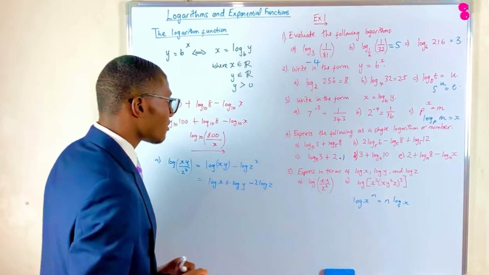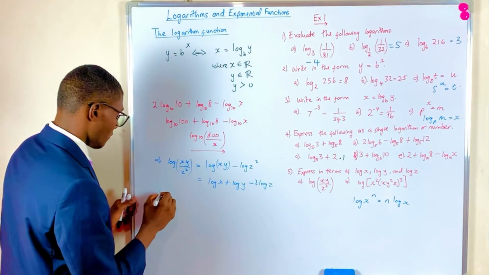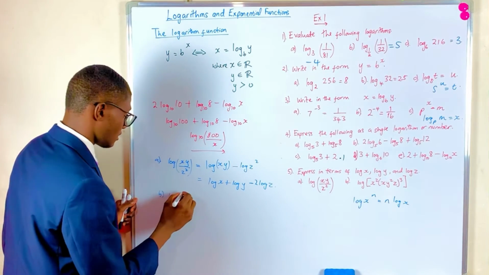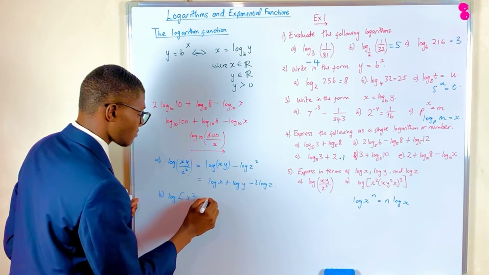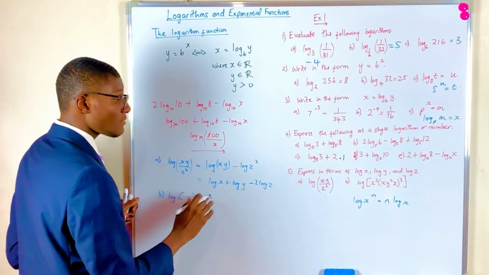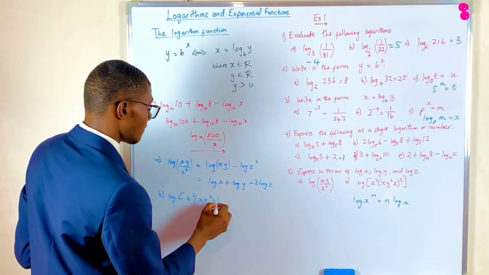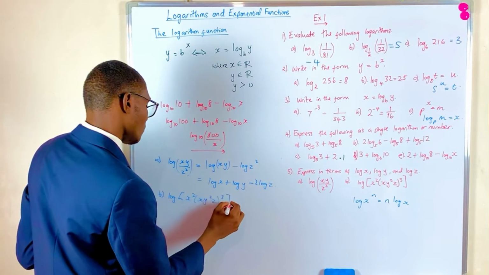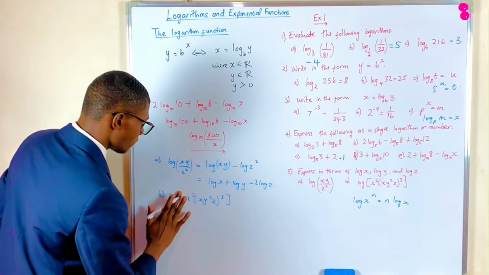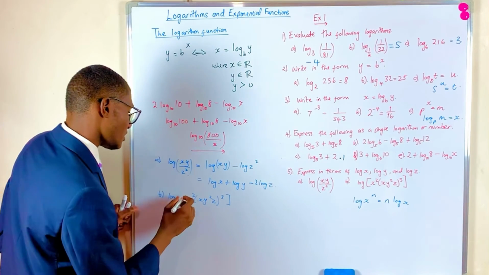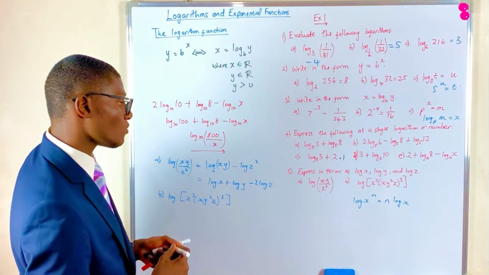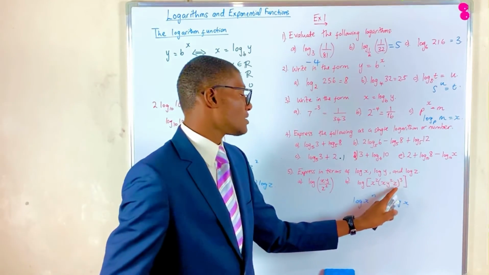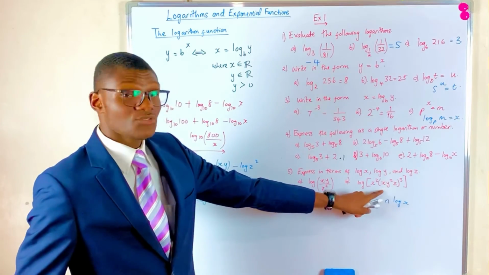Then for the last part, which is part B, we've got log of x squared multiplied by x times y squared z, and then this is being raised to the power of 3. So if we remove these square brackets here, okay, this to the power of 3 is affecting this result here.